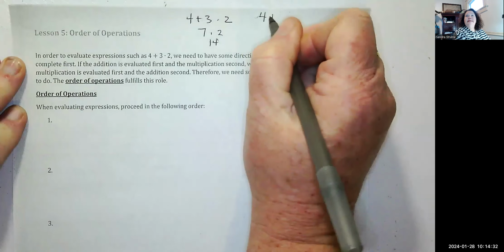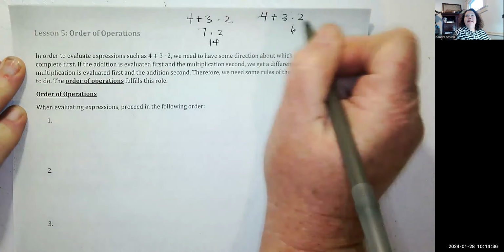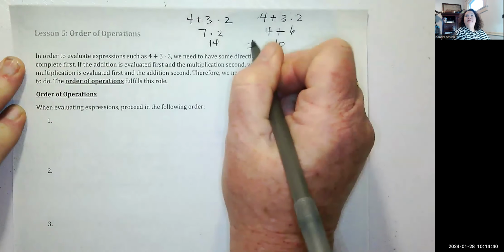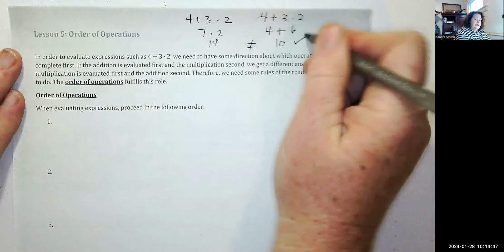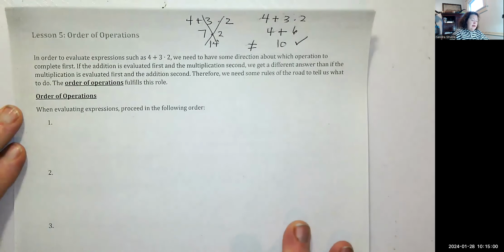But if you instead multiply the 3 and the 2 first, you get 6. You bring down the 4 plus, and that's 10. They are not equal. One is done correctly, one is not. This one is correct, this one is not. Even though from left to right we have addition first, we're about to discuss why that is still not something you should do.